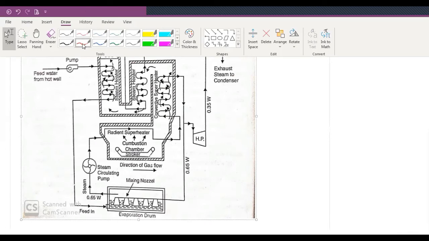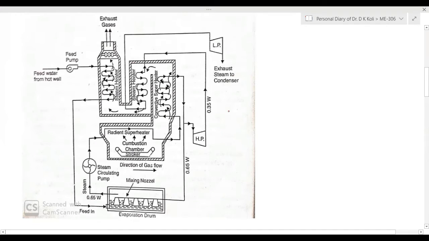Now see. Actually, this is the steam diagram of the Loeffler boiler. We start from here. You can see this is the feed water from the hot well. Feed water is coming from the hot well, and here we are using a feed pump.